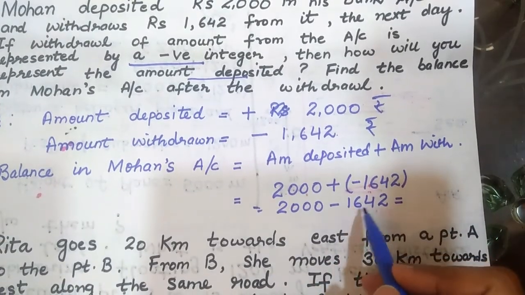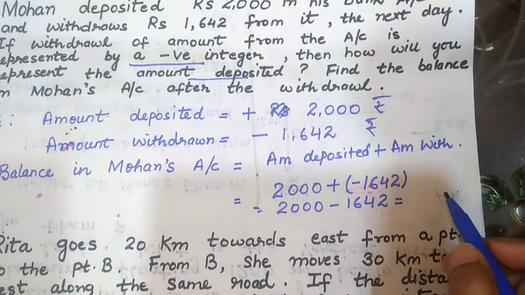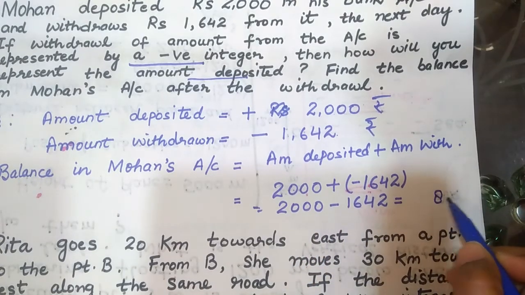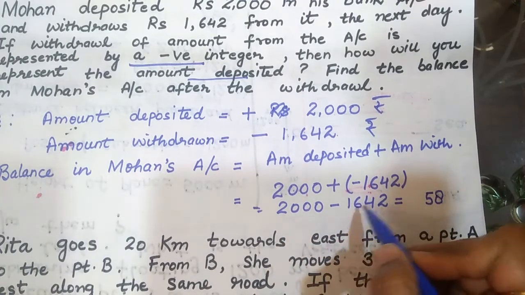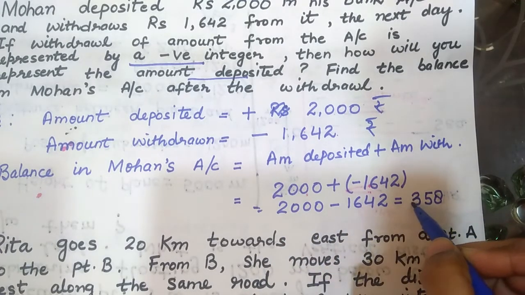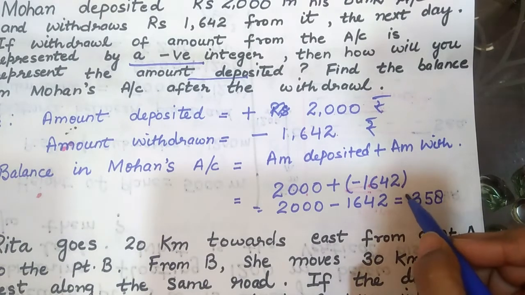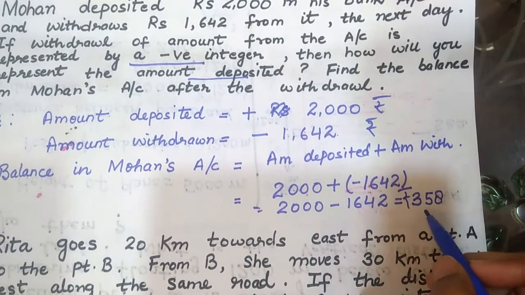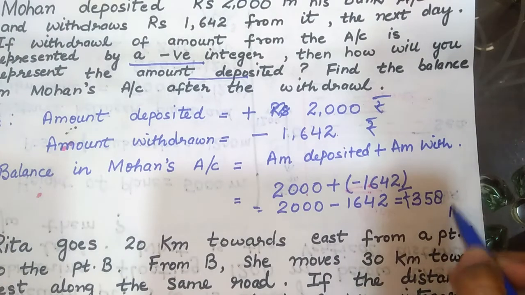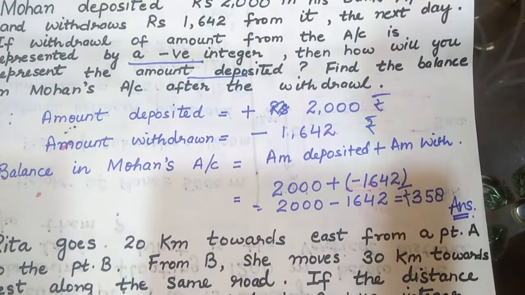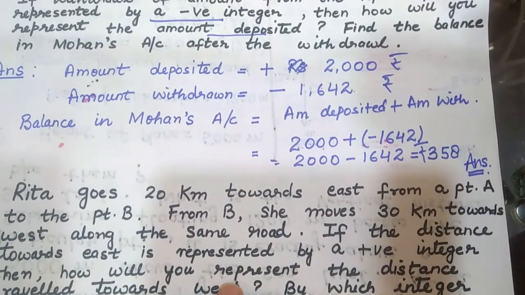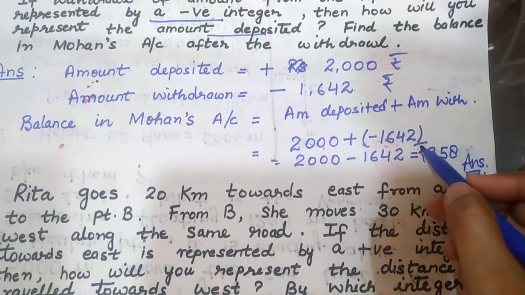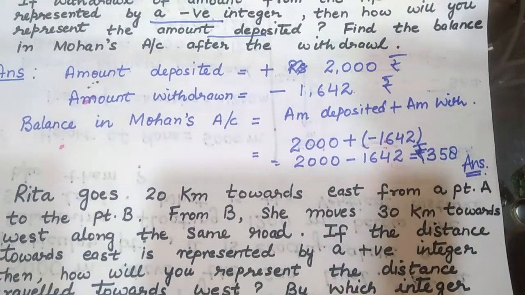So 1642 goes from 2000. So the amount is rupees 358. It is the balance in Mohan's account. Okay class, this is the symbol of rupees.